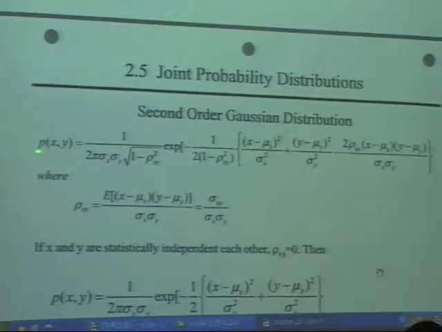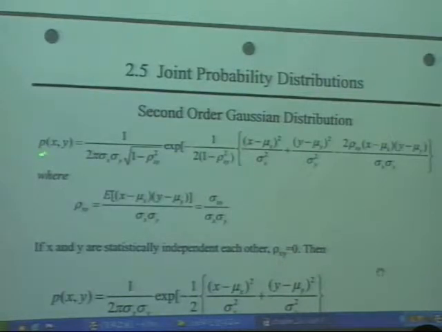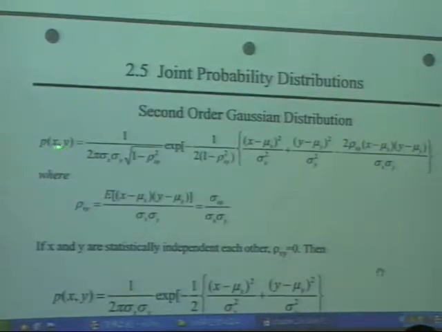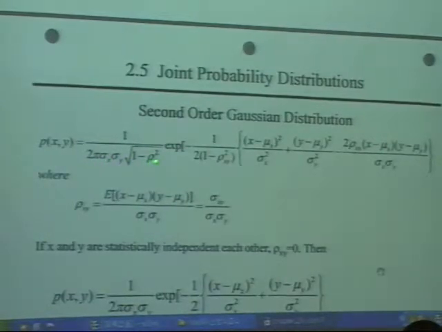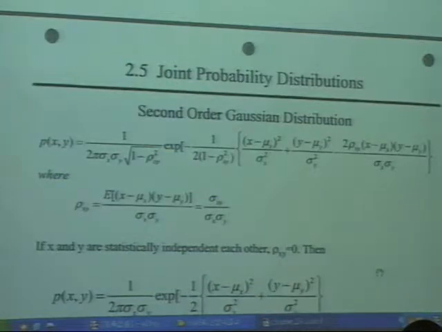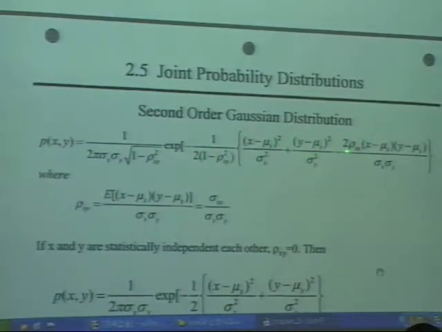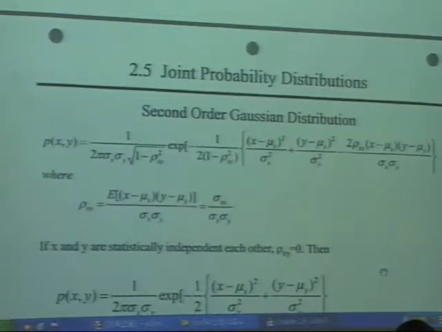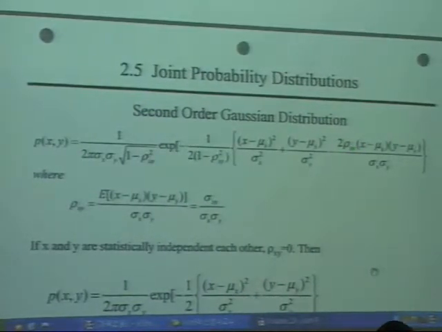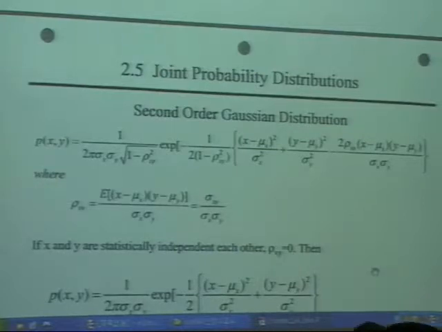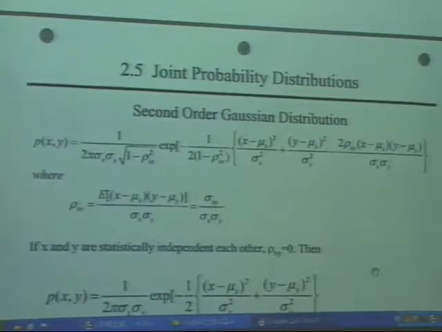For the normal or Gaussian joint distribution function, the density function involves sigma x and sigma y, the standard deviations of x and y, and the mean values. Then another term relates x and y. So rho xy is called the correlation coefficient, which is coming in chapter 3.